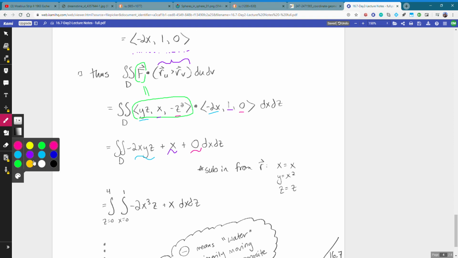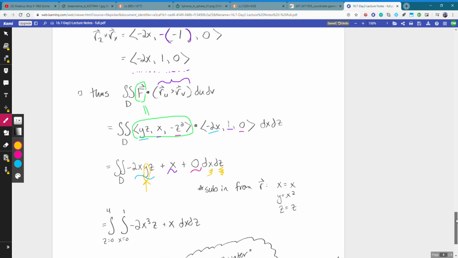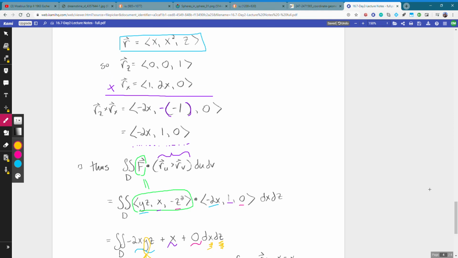However, notice the two variables that our double integral wants to be in terms of are our parameters x and z, but we have a party crasher y over here, and so at this point we want to sub in from our parameterization. In our parameterization, in our blue box here, x is x, y is x squared, and z is z.